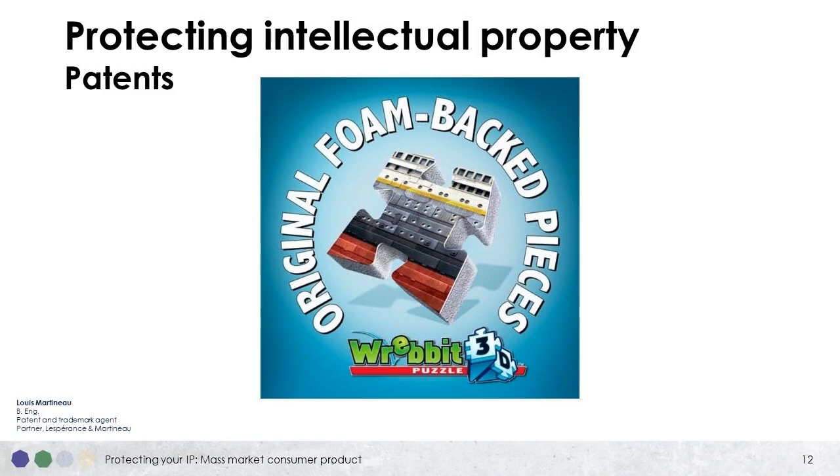A second aspect of this product that could have been protected by patent is the specific glue compound that is used to secure the paper cover to the foam backing. In particular, Ribbit came up with a particularly interesting compound that not only allowed the paper cover to adhere to the foam backing properly, but to prevent the paper cover from wrinkling.